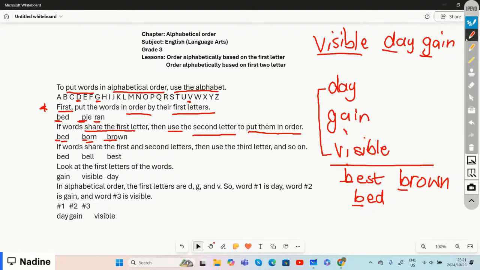So which means that we now have two words that share the same second letters.